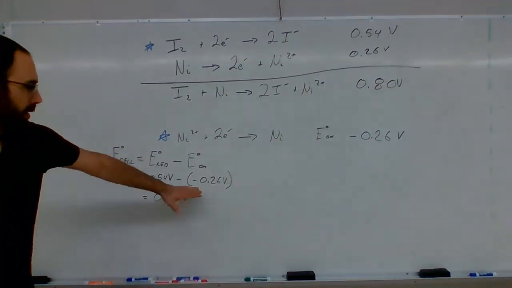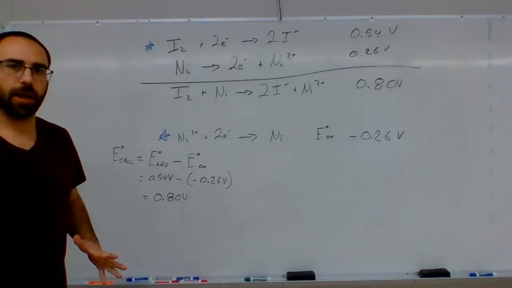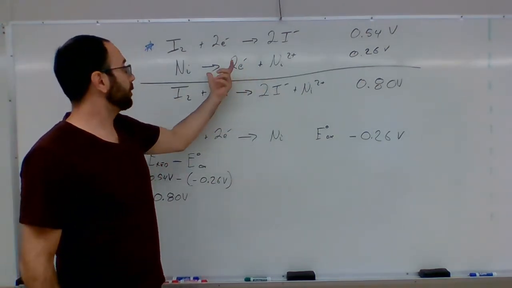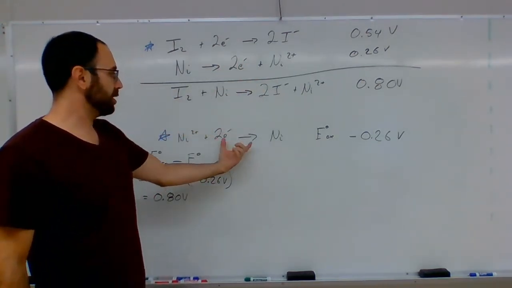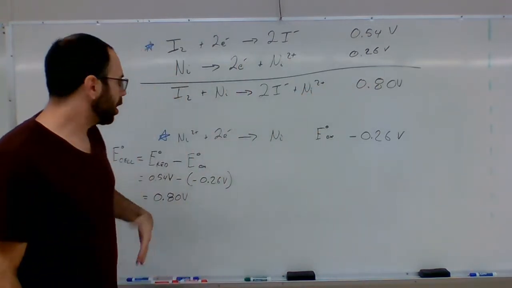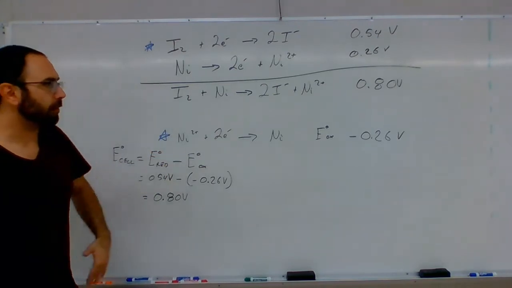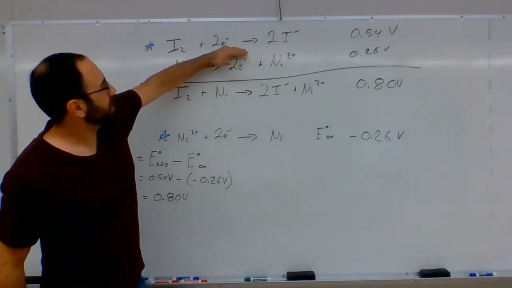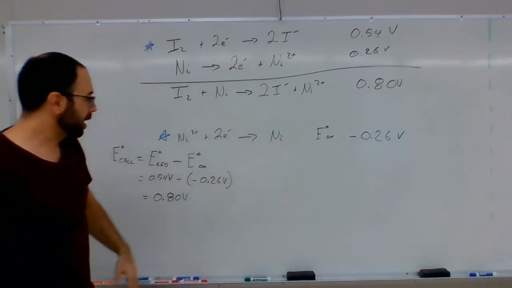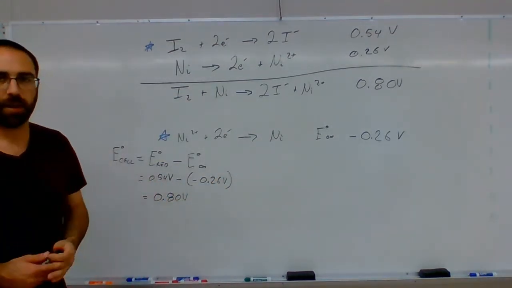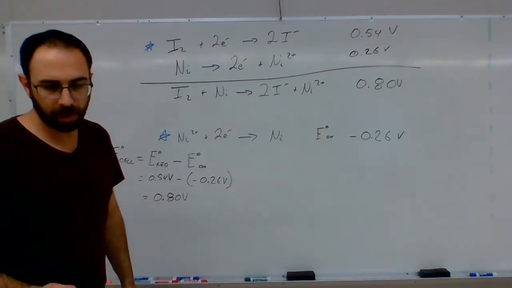Okay, so just remember, if we're doing it in this method up here, when we flip this reaction, we also got to flip the sign on our E0. Or if we're just able to read off our chart and know that we had this E0 for this reaction and our E0 for this reaction, this is the one undergoing oxidation. I'm going to subtract that from my reduction and get it in this way here. Okay, so hopefully that helps out a little bit.